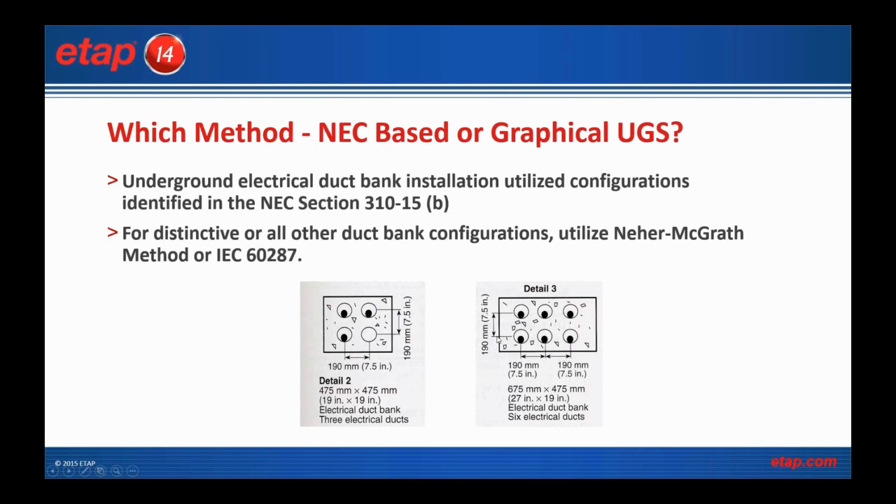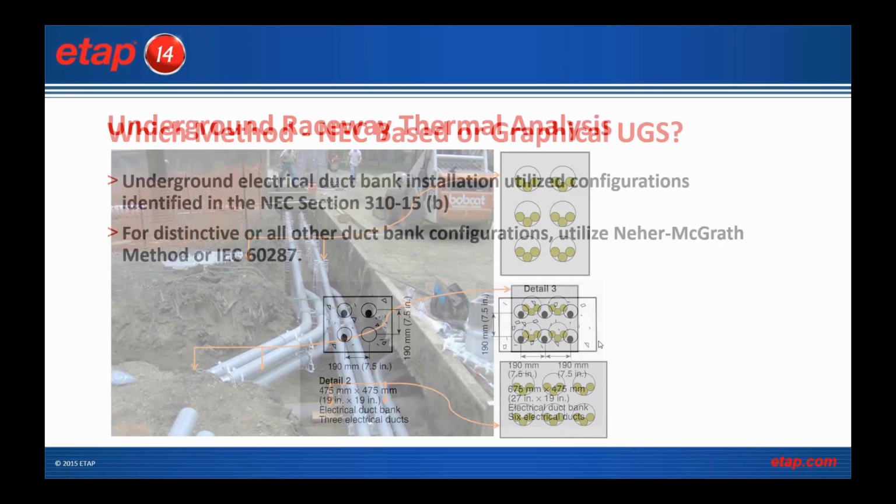So if the arrangement is very similar to the derating factors that are specified in NEC, you can essentially use the cable editor for derating that particular conductor. However, if you're using any distinctive or different duct bank arrangements, then we essentially fall back to Neher-McGrath or IEC 60287 thermal analysis method, where we essentially have full flexibility on which conductors are placed in which conduit and how they are arranged and spaced in the system.